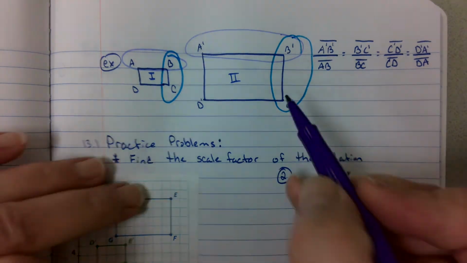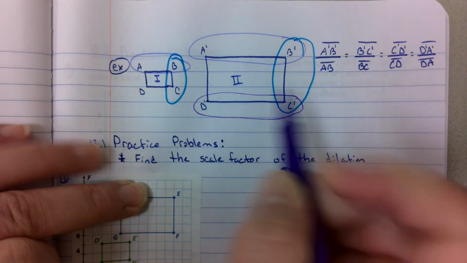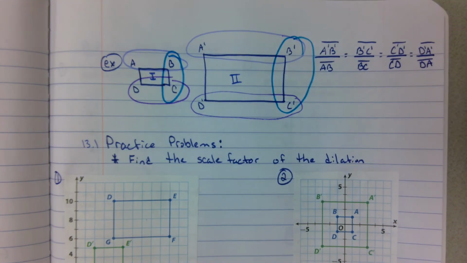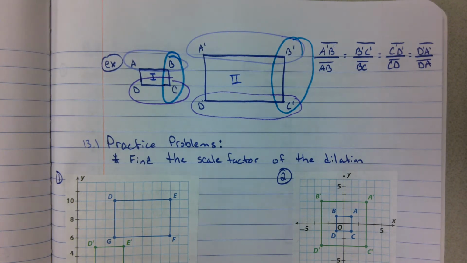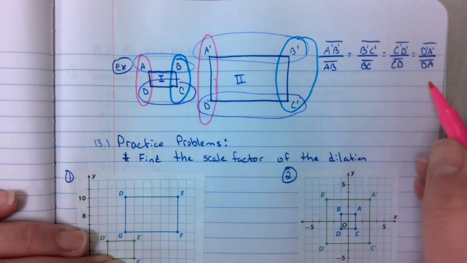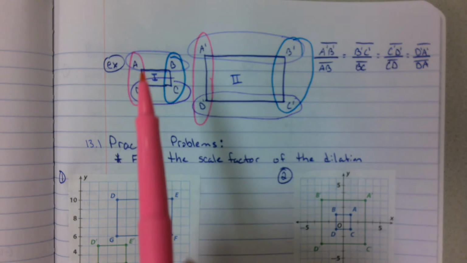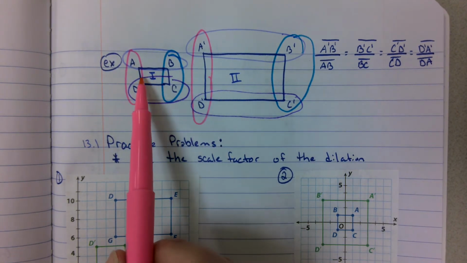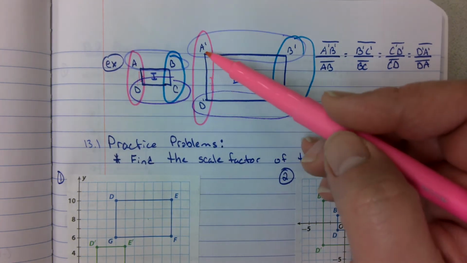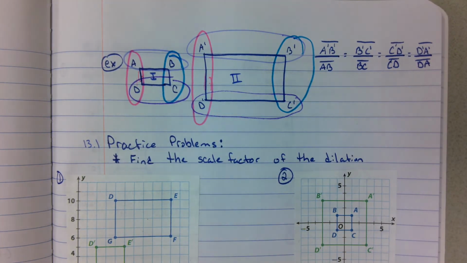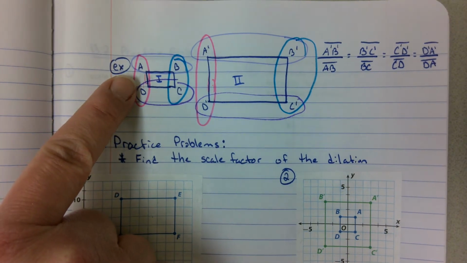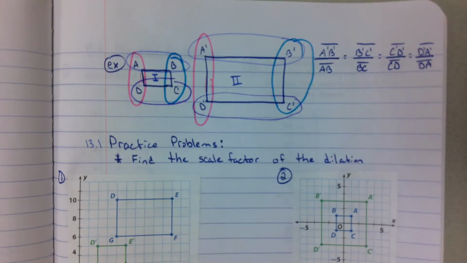And then I have C prime D prime over CD. And then we have D prime A prime over DA. So notice when we're going from figure to figure that we're sticking with the same side or where it would be oriented the same. That is important. We couldn't mix my AD and my B prime C prime.